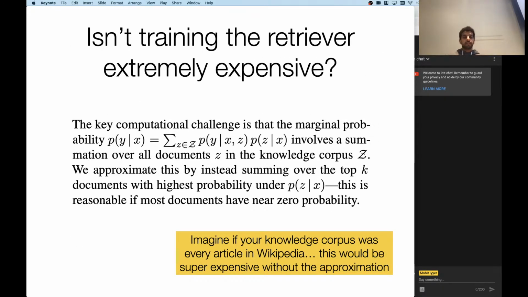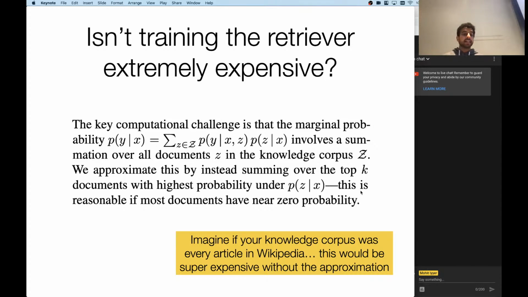Okay, so isn't training the retriever extremely expensive? I think we already talked about a lot of this. This marginal probability requires summing over all of the documents in the knowledge corpus or data store or whatever you want to call it. They do this by summing over the top k documents with the highest probability. So I suppose to your question, they do get the normalized probabilities for the top k documents.